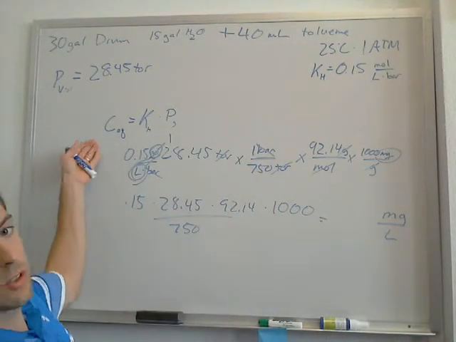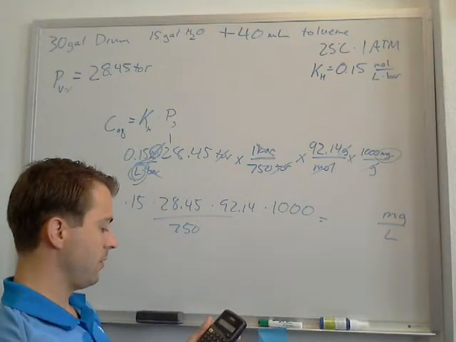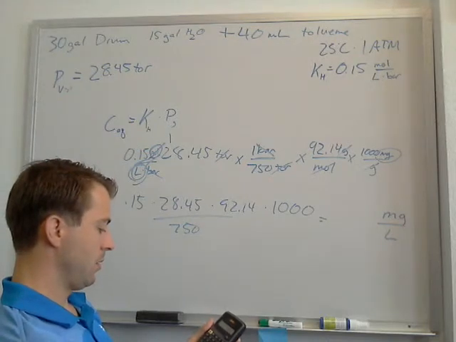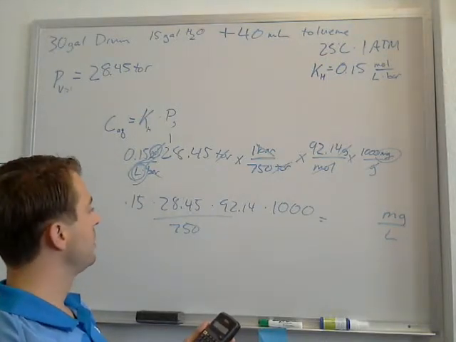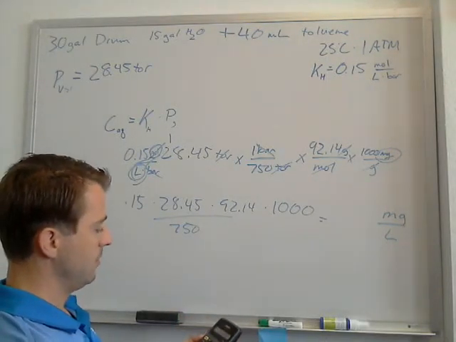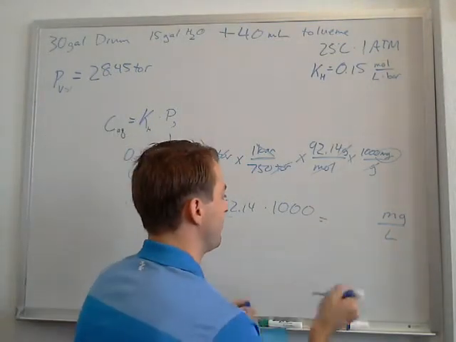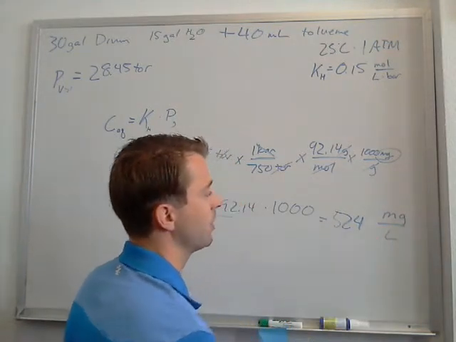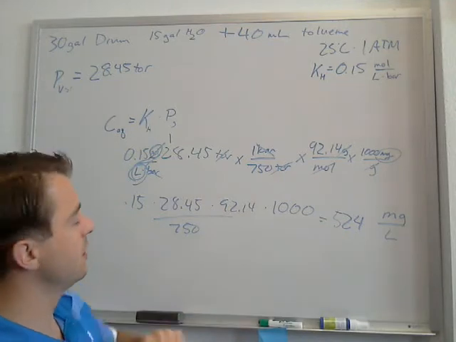This is our concentration in the aqueous phase. So we type that in, 0.15 times 28.45 times molecular weight times 1,000 to get into milligrams divided by 750 to get it into bar, and we have 524.3. 524 milligrams per liter.